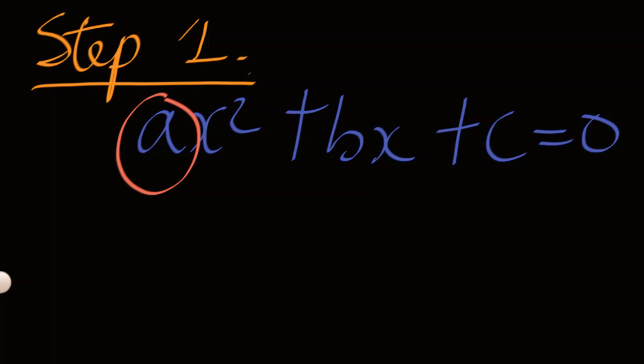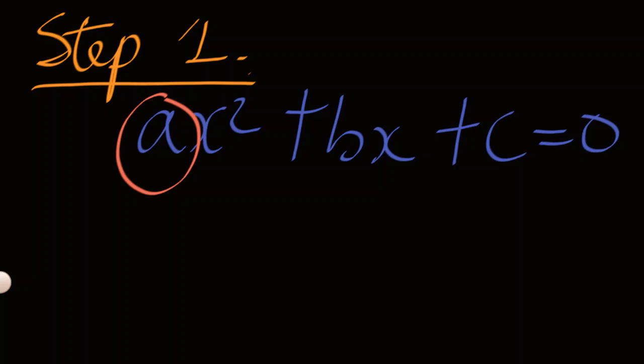We want to remove the a so that the coefficient of x squared becomes 1. This is a very important step. Every time you're completing the square, make sure you remove the coefficient of x squared. If it's -2, if it's a 2 or any other number, remove it and make sure it's a positive 1.